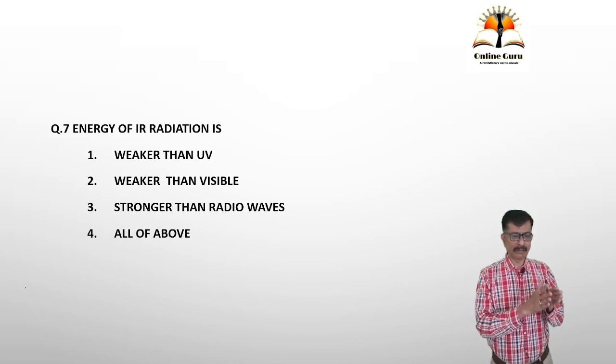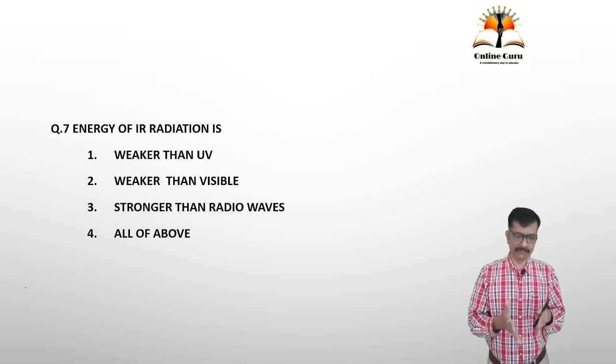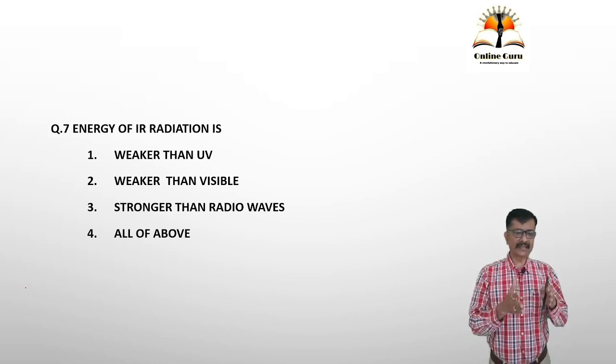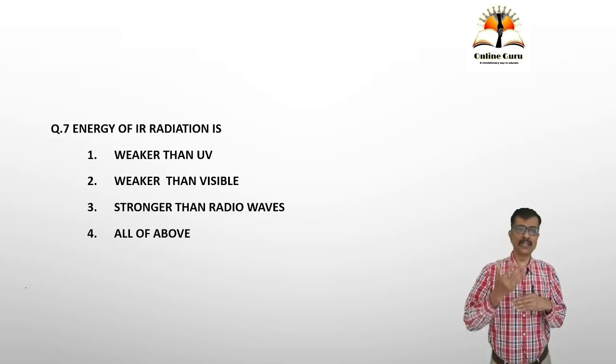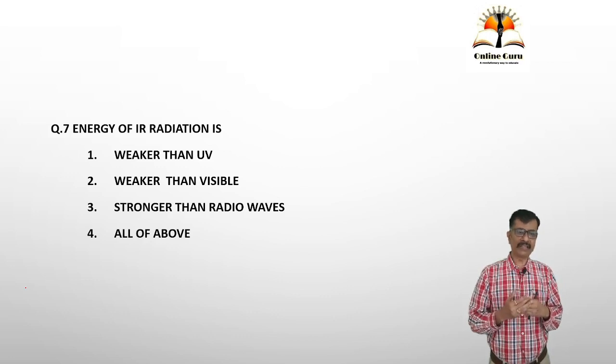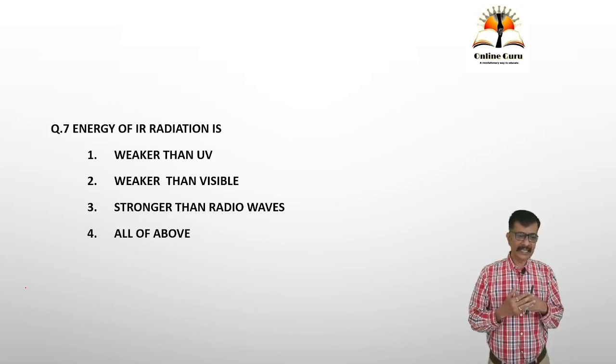And look, the wavelength range of UV, visible, or radio waves. If you look at this, you will find that the wavelength of IR is more than UV, more than visible, and lesser than radio waves.